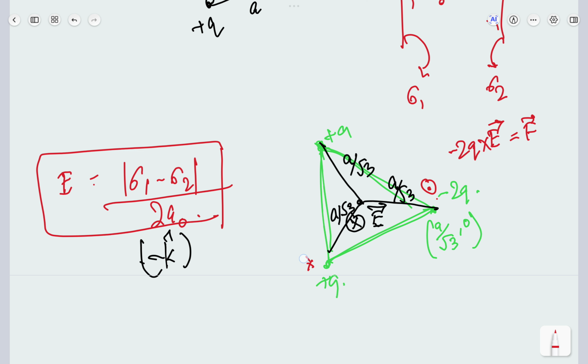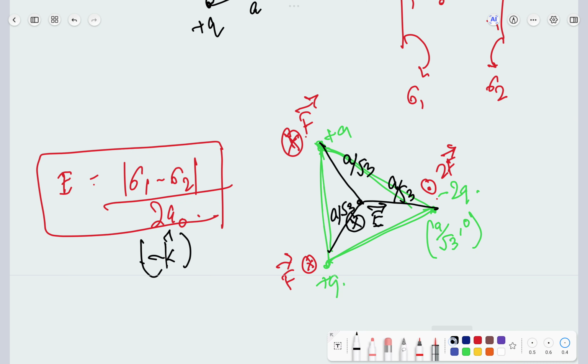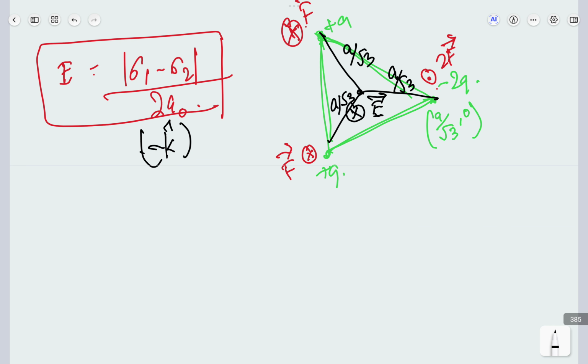The other two would have force inside, so this would be some 2F outside and 2F going inside. Net force is basically 0, but the torque is not 0.